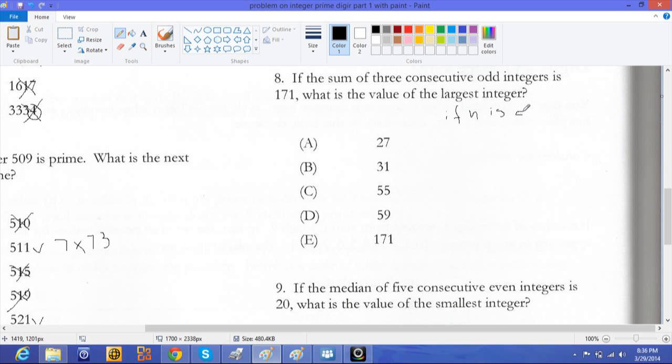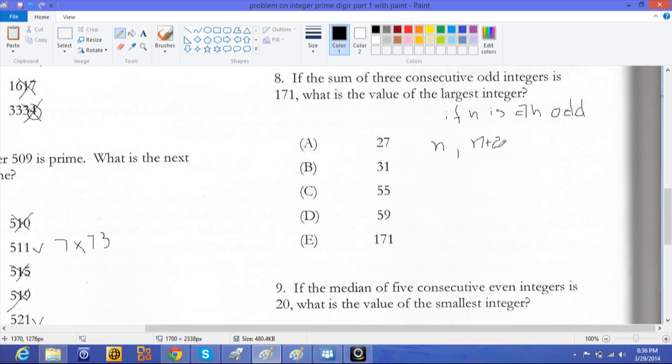Okay, let's say n is an odd number, an odd integer. So if n is an odd integer, the next odd integer is going to be n plus 2, right?